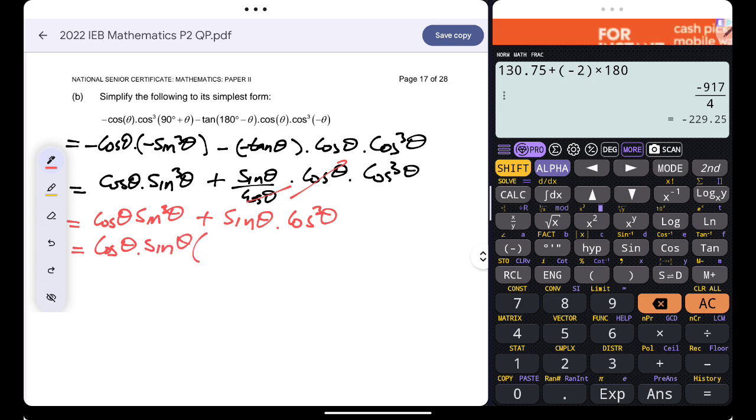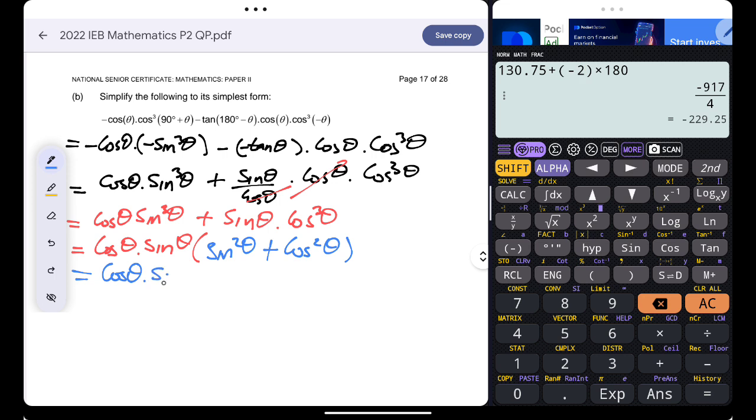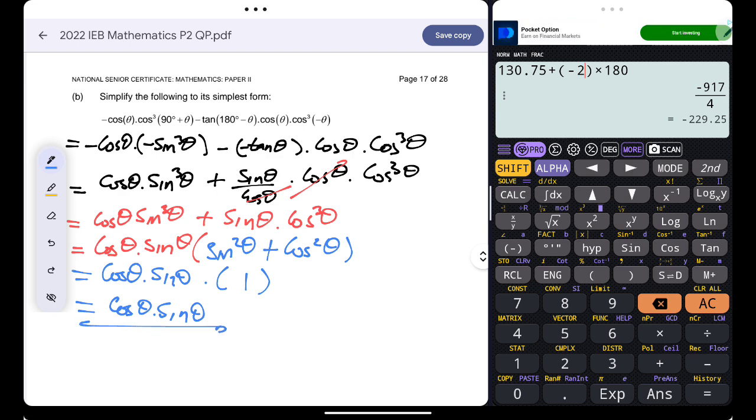Whenever I do that, on the first term I'll be left with sine squared theta. On the second term I'll be left with cos squared theta. Then I'll have cos theta multiplied by 1. This will be cos theta times sine theta. Now this is simplified.